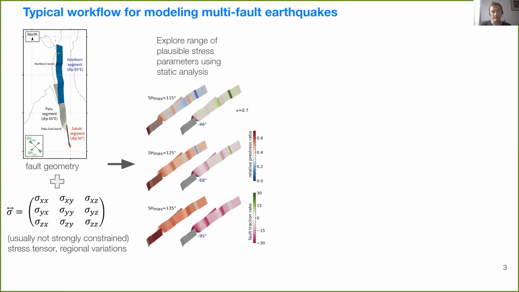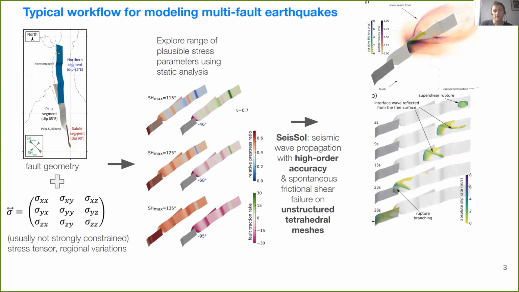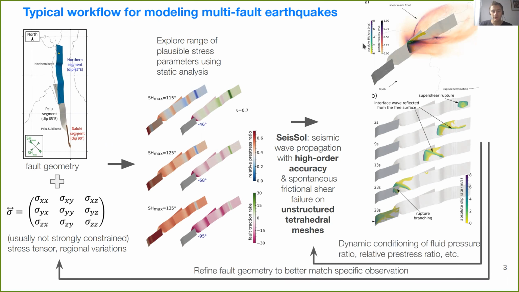So our idea is typically to first run static analysis to explore the range of possible stress parameters, that is, to look at the magnitude of the shear stress and at their orientation and see which stress configuration is compatible with the rupture. Then we can run 3D dynamic rupture models, and we can try to constrain a few parameters that cannot be constrained by static analysis.